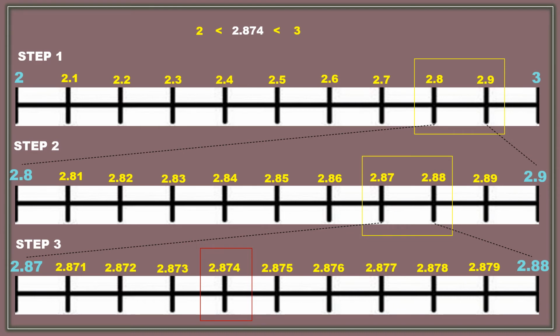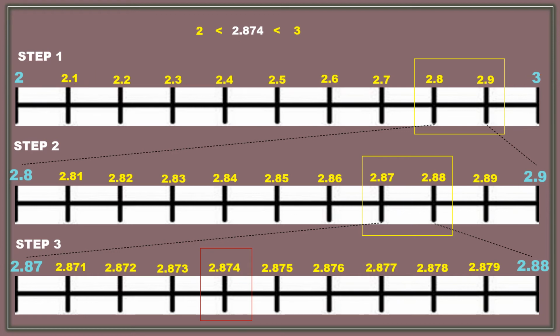So instead of going directly to this one, we will go through this step by step procedure, taking one digit after the decimal. I am explaining again in brief, listen properly. Here we know this number is in between 2 and 3, so mark the numbers between 2 and 3: 2.1, 2.2, 2.3, all these.